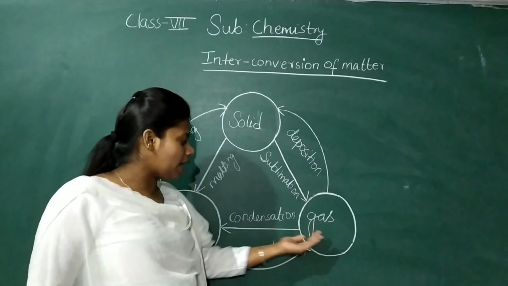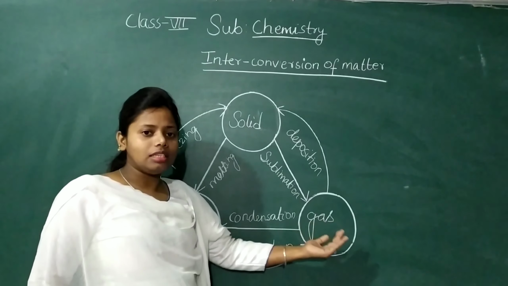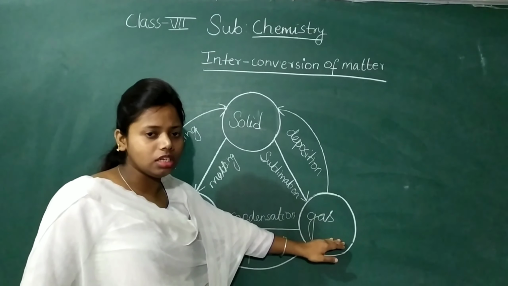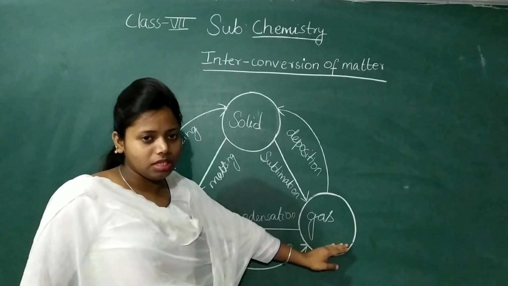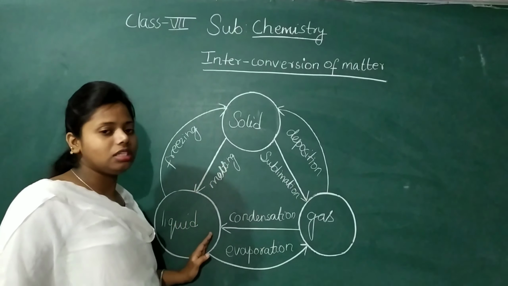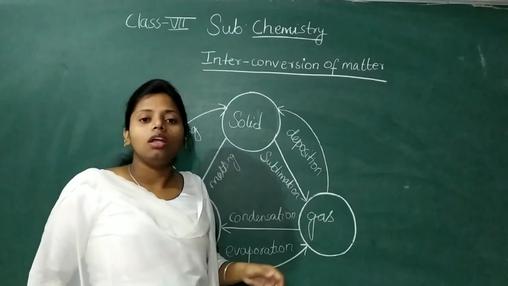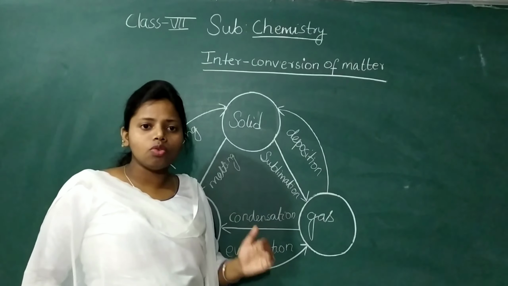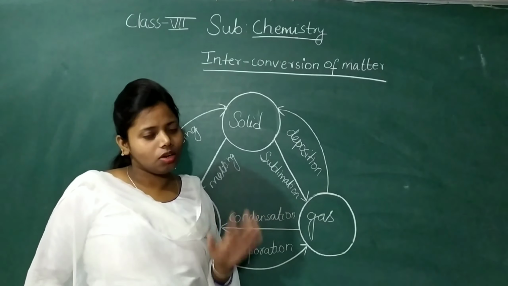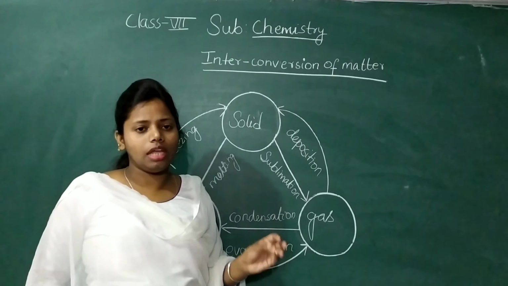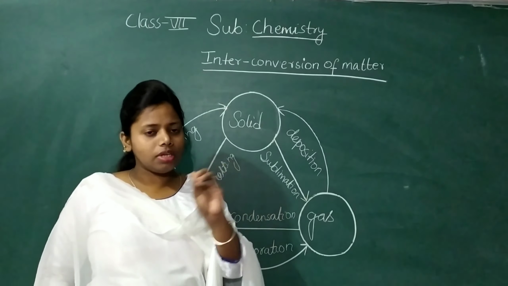Now let's see from gas to liquid. Now gaseous state to liquid state. The process of changing of matter from its gaseous state to liquid state on cooling is called condensation. You have seen when your mother cooks rice or other dishes, she closes it with the lid. After some time you will see that small water droplets are there on the lid.